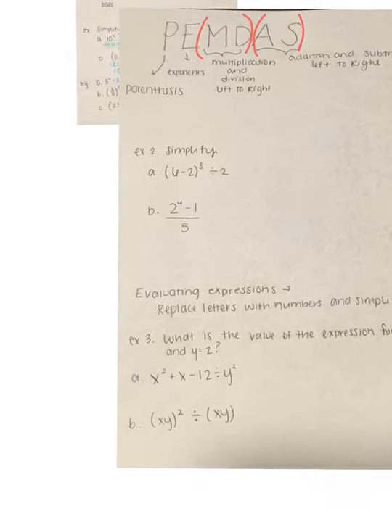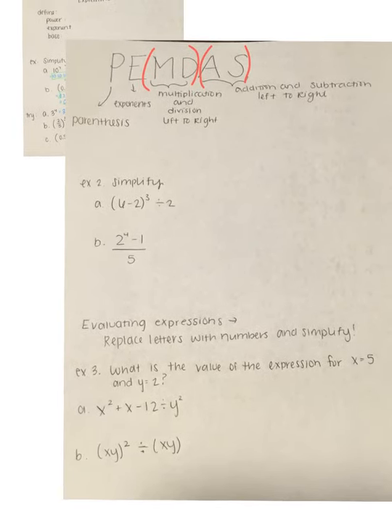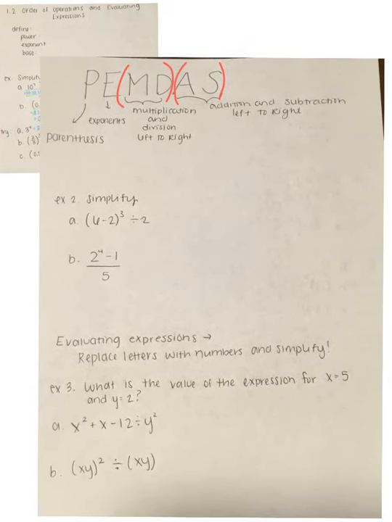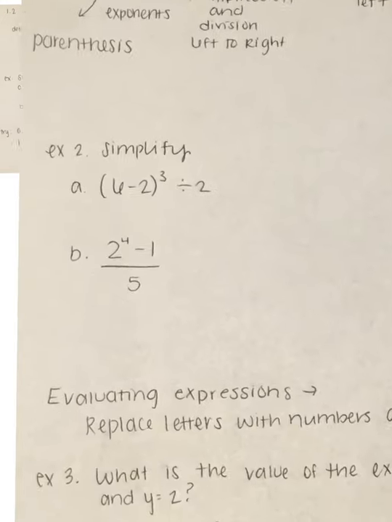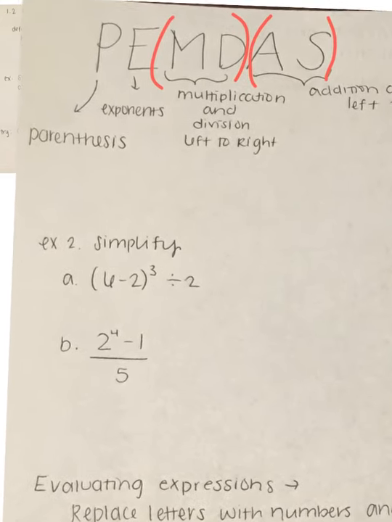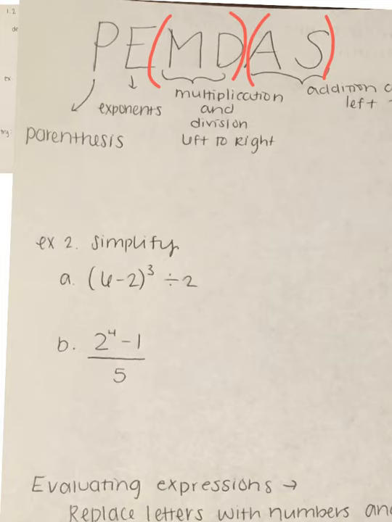So let's do a couple of these. Okay, this first one here says 6 minus 2, to the 3rd power, divided by 2. So first I want to do P, what's in parentheses. In this case, that would be 6 minus 2. I'd get 4.